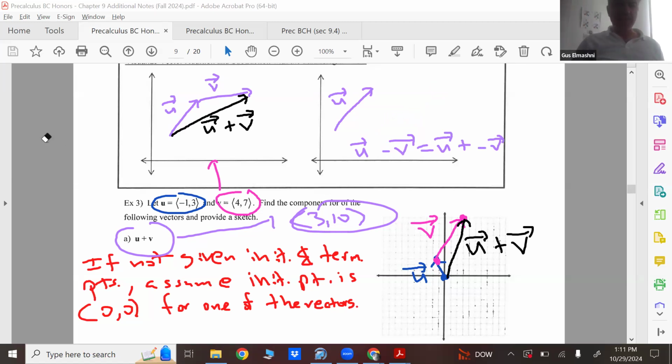So now it's going to look like this. That's where the arrow is, and then the connection over here.